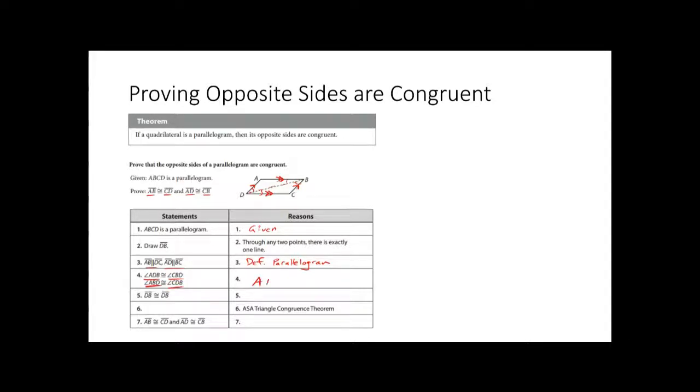And that's because of the alternate interior angles theorem. So that's nice that we were able to draw the line. Now we're moving on. Looks like we're talking about the reflexive property here because they're saying DB is congruent to itself, which is the reflexive property.